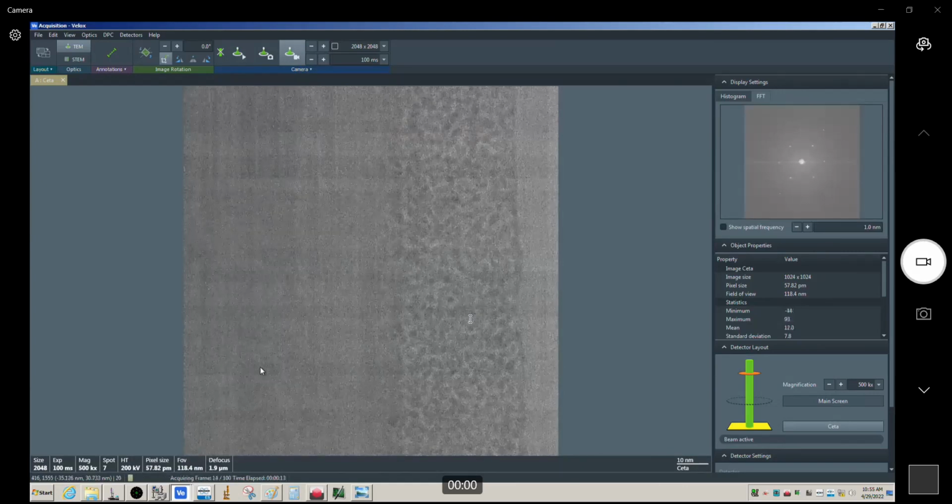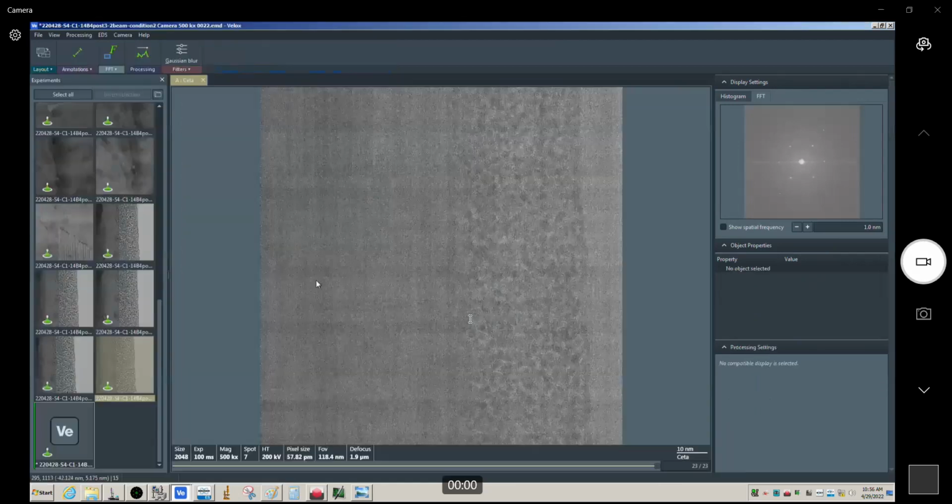Now with this series acquisition, I don't discourage it, but the files in Velox, when you do this, become very, very large in terms of the amount of space they take up on the hard drive.